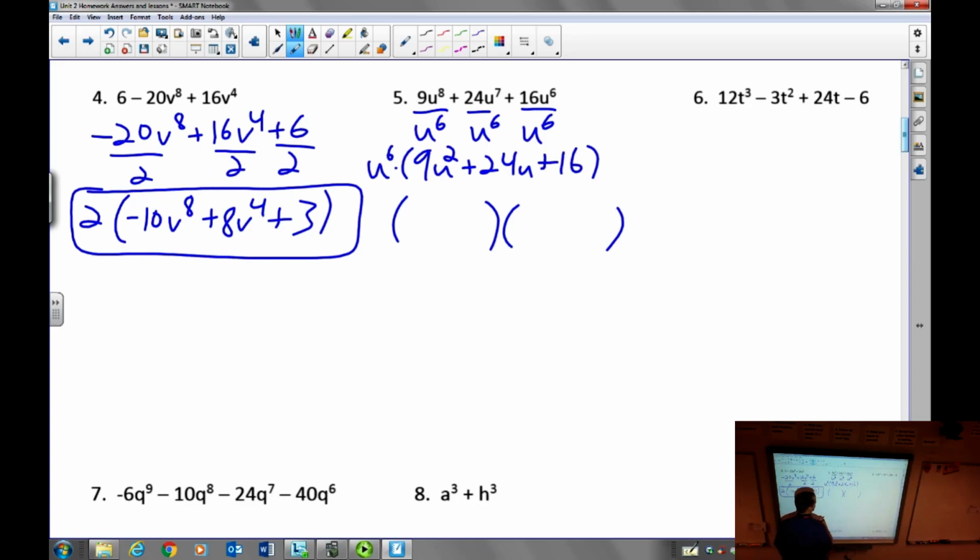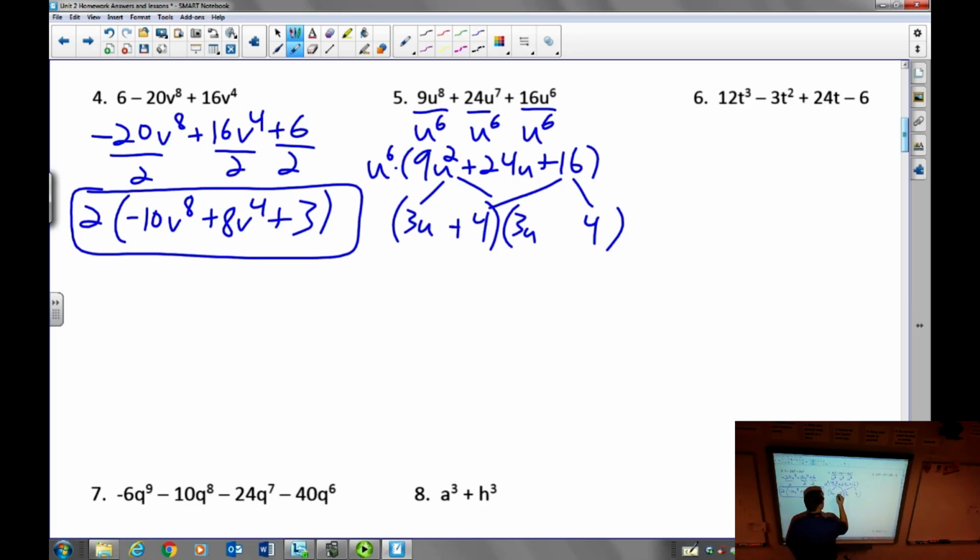Now, like I said, 9 and 16 are perfect squares, so they can factor into 9u. No. They can factor into 3u and 3u, because 3u times 3u is 9u squared. And then 16 can factor into 4 times 4. 4 times 4 is 16.